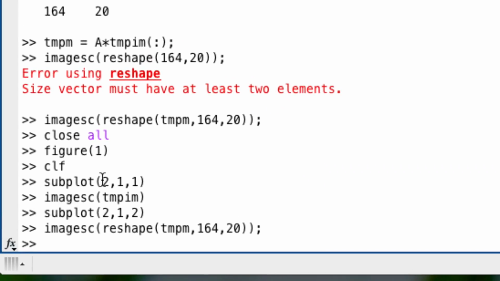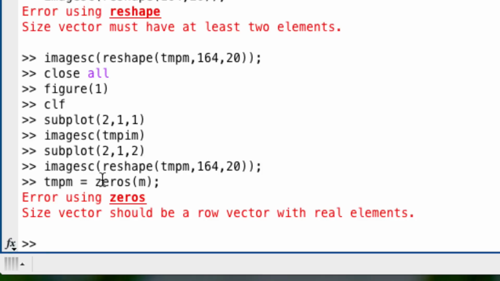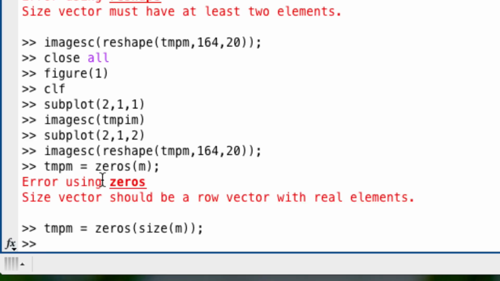Let me make another. Let's make a dummy sinogram with only zeros in it. So now we have a zero sinogram instead of the sinogram of the walnut. And let me add just one element there, just somewhere.